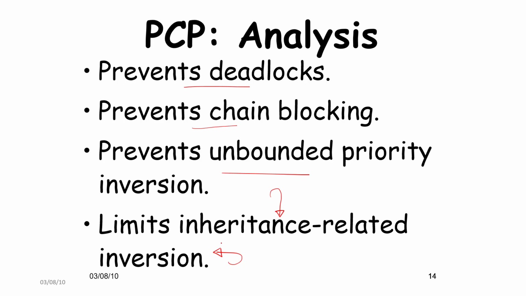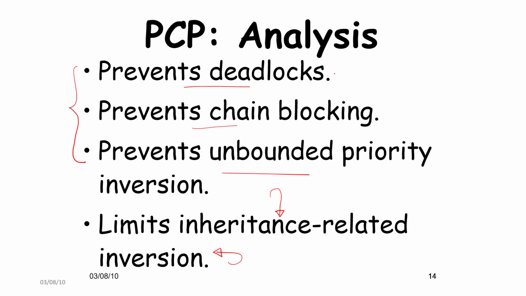So here inheritance related inversion is more or less as bad as priority inheritance. And of course, we will see that deadlocks, chain blocking, and unbounded priority inversion, all three cannot happen. We'll prove a single theorem pretty much similar to what we had done in the case of HLP, which will tell us that all three are not possible, right?